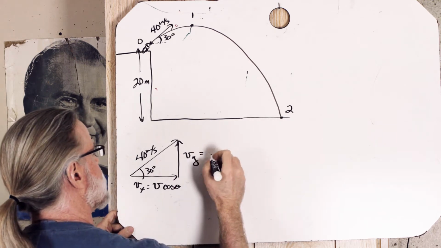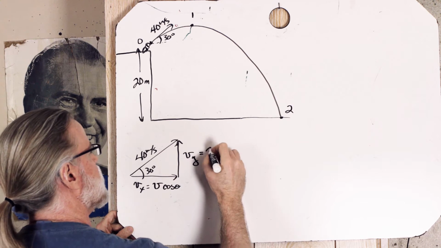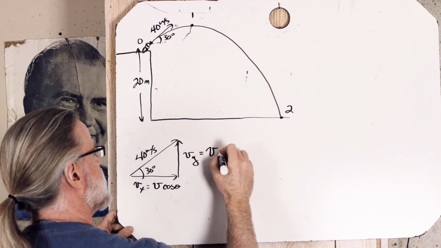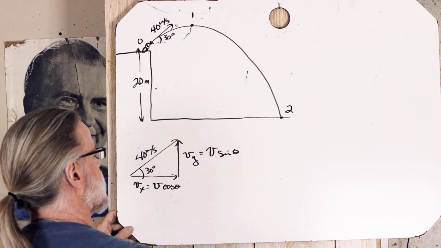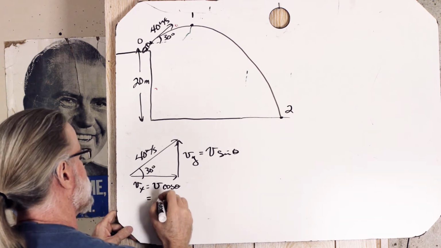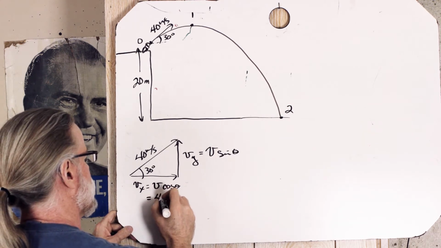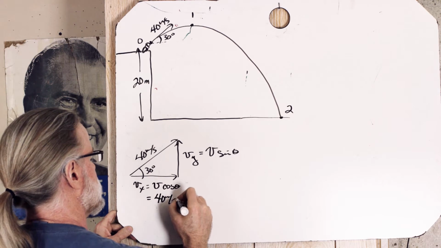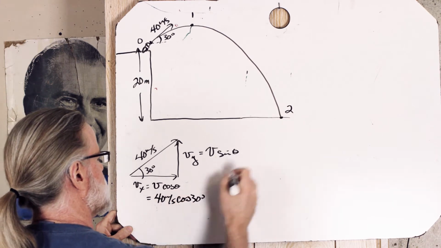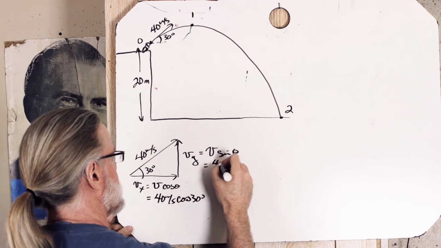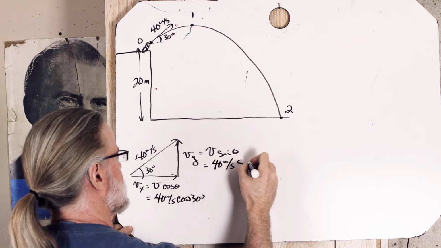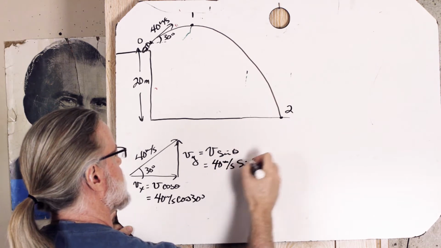And in the y direction, we have the opposite side of a right triangle, so it's the total velocity times the sine of theta. Those are the components of our velocity. So we have 40 meters per second times the cosine of 30 degrees, and 40 meters per second times the sine of 30 degrees.